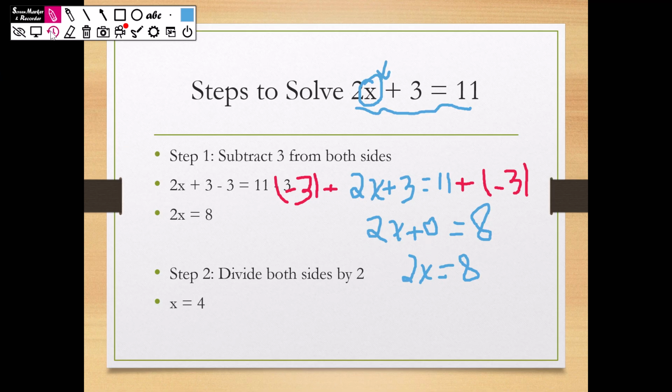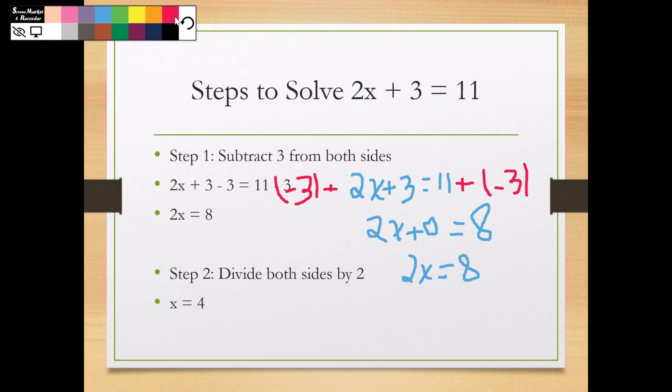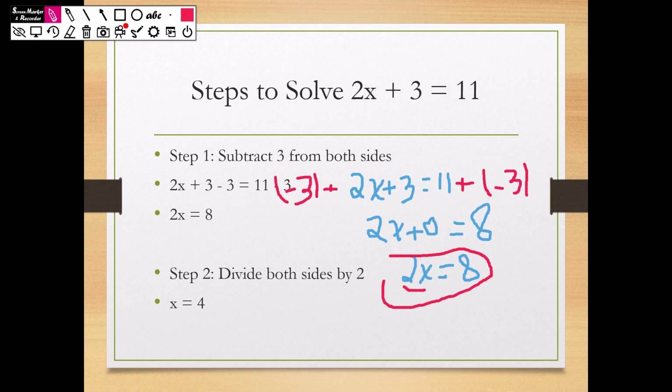So what should we do, in your opinion? We said that we can either multiply or divide or do anything on both sides of the equation. We have here an equation 2x equal to 8, right?